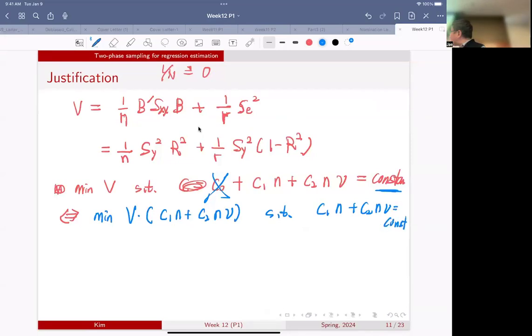Why? Because this is constant, and multiplying a constant to the objective function does not make any difference. So under this constraint, this is constant, right?